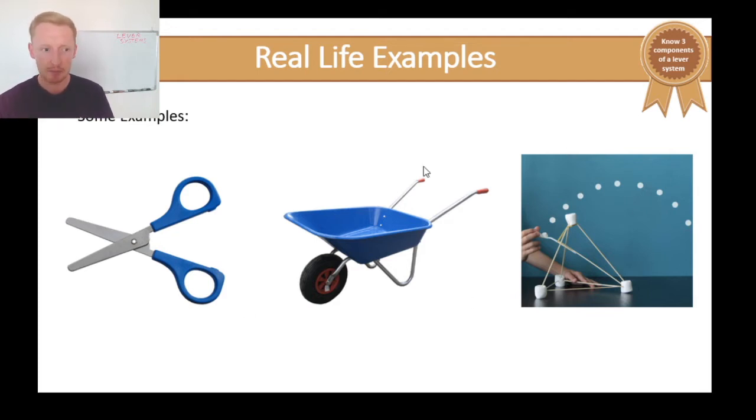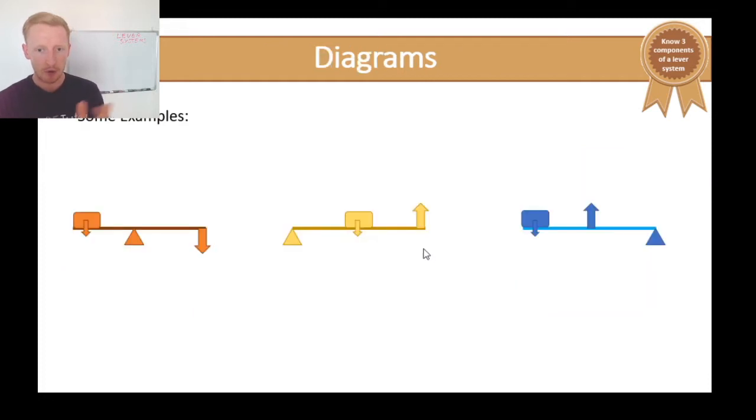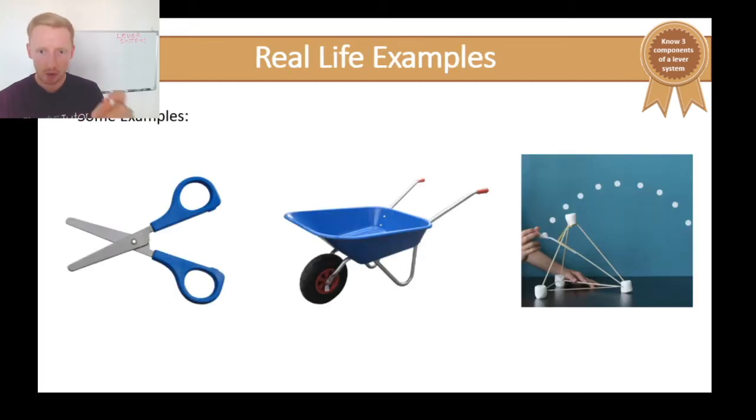It's the rotation point. On the second one across, if we take that triangle again, that pivot point, that's the point that isn't moving. If we have a look at the wheelbarrow, the wheel on the wheelbarrow isn't moving either. So in our levers, we've got an axis, a point of rotation, a pivot point: axis, pivot, rotation.